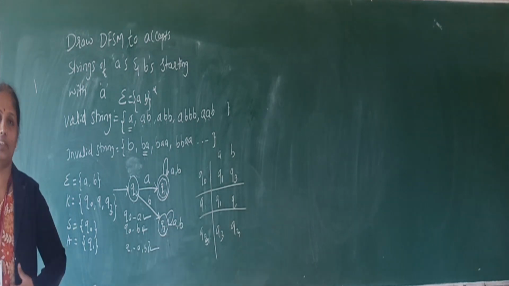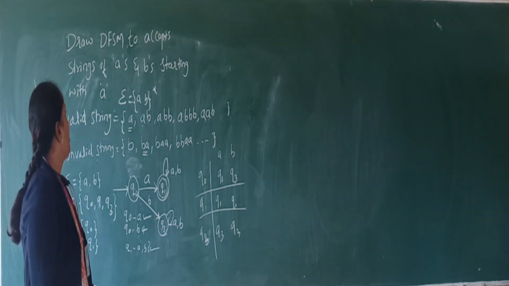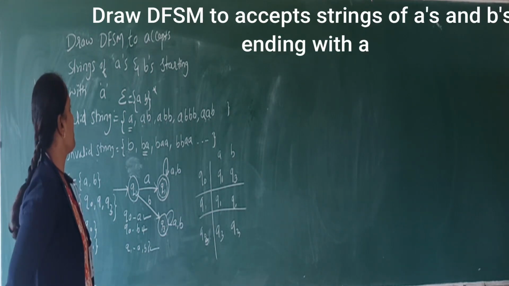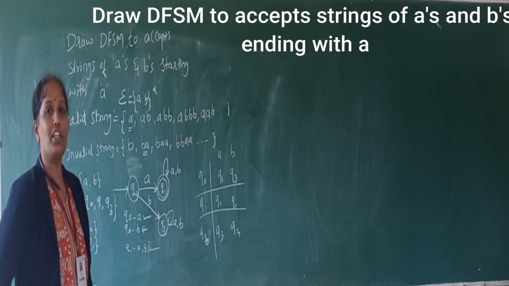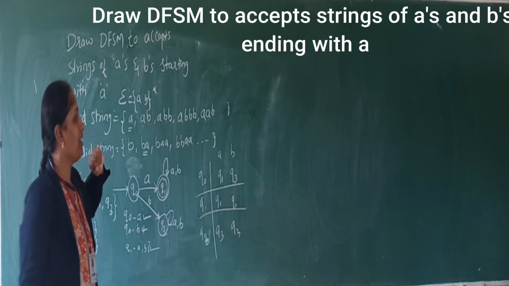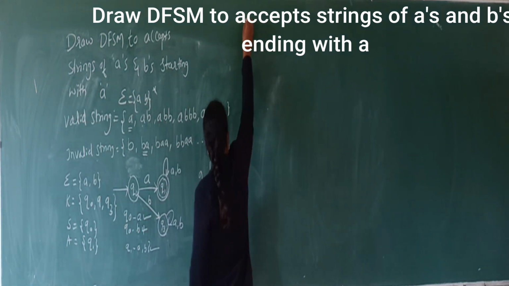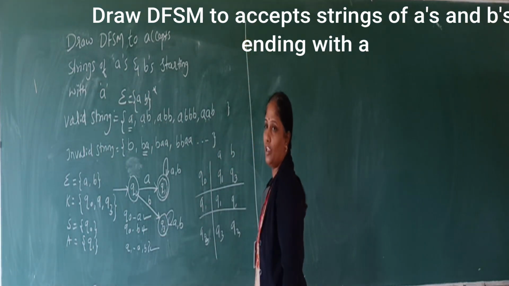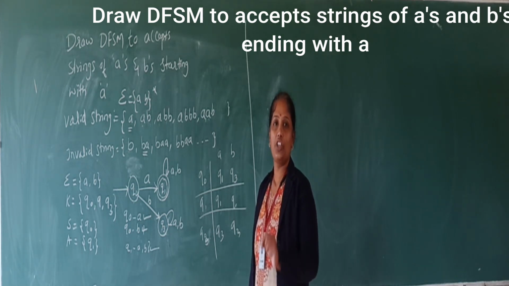The next example is, draw the DFSM to accept the strings of A's and B's ending with A. Based on the statement given, the DFSM gets changed here.